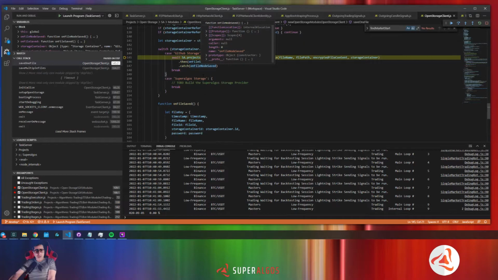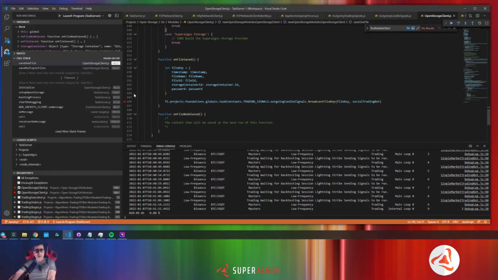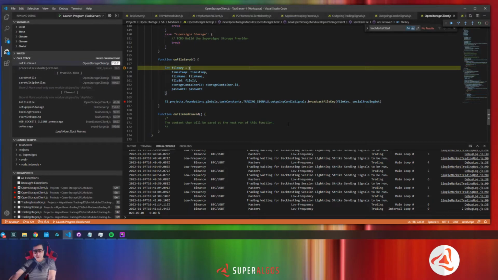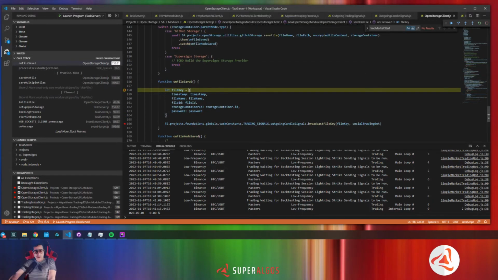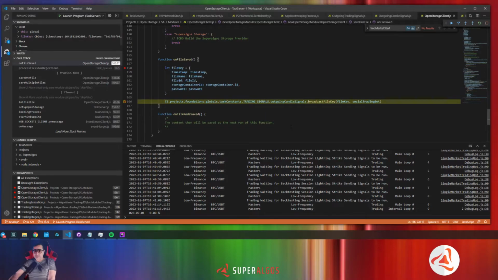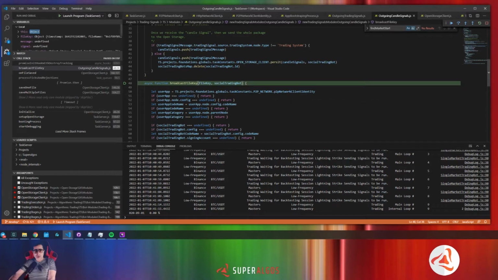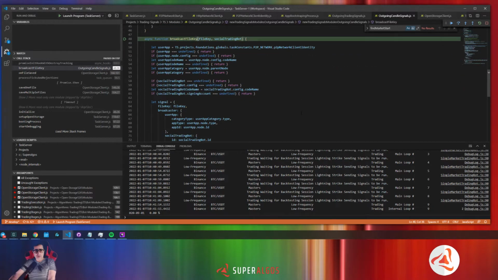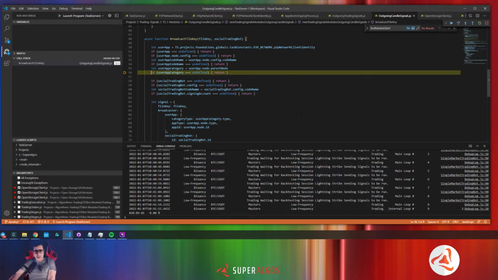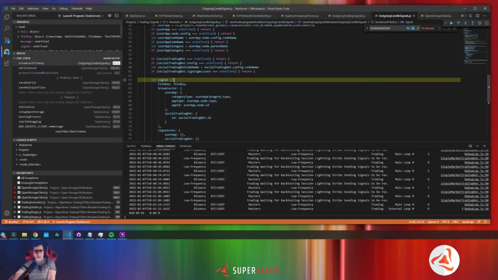So on file save, let's check if this comes here. Okay, the content was saved, so this is going to broadcast the stuff. At least this is what it's saying here.